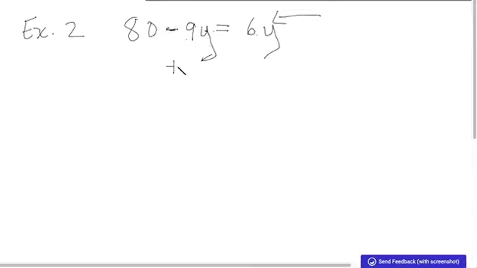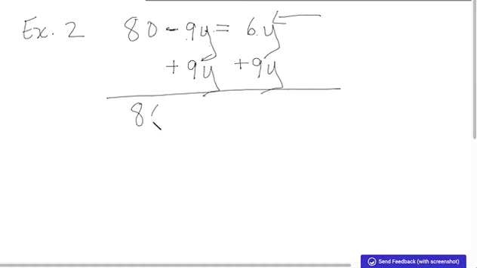But let's go ahead. We're going to isolate the y, the 9y. We're going to add 9y to both sides, and so I end up with 80 equals 15y, and again I'm going to divide both sides by 15. And I get, what is that? Oh okay, so this is not going to go in nicely.